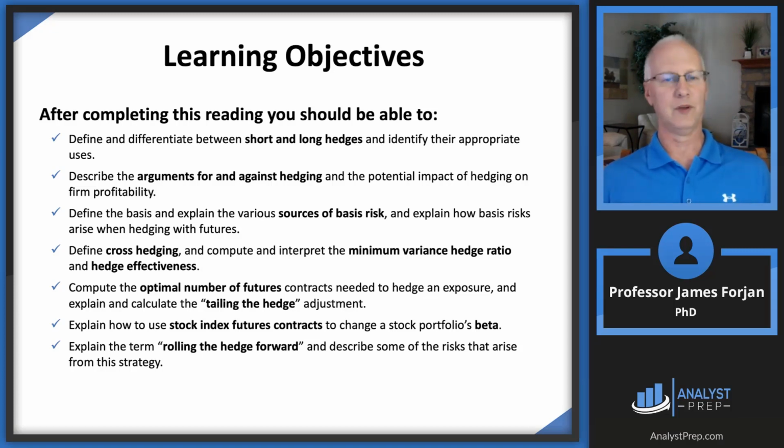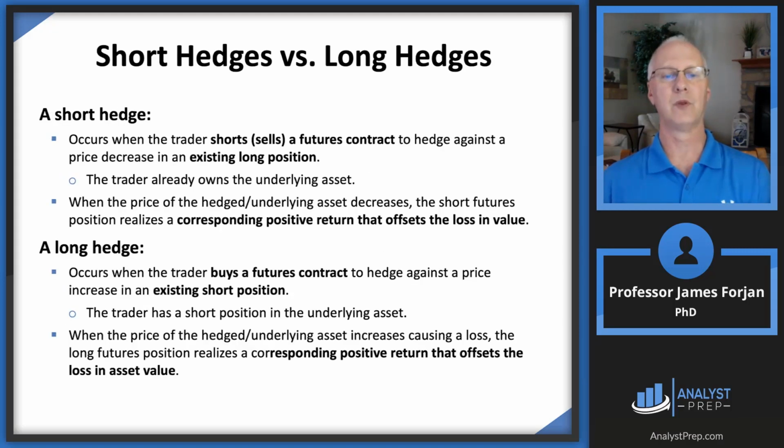Boy, coming up with some solution where that volatility, that standard deviation or the variance is pushed in a vice so it gets to be the smallest possible number. So we're going to call that the minimum variance hedge ratio. We'll talk about the optimal number of futures contracts, take a look at an example of a stock index futures contracts, and then end with rolling the hedge.